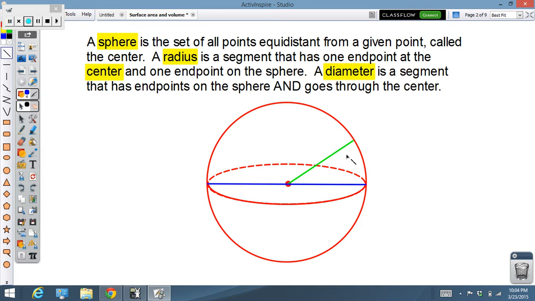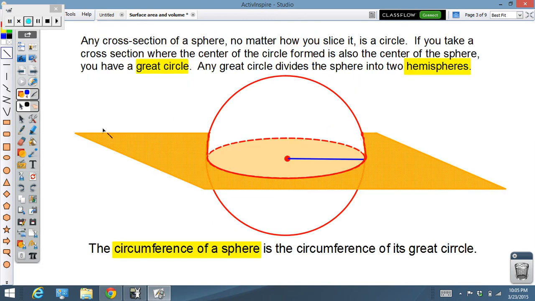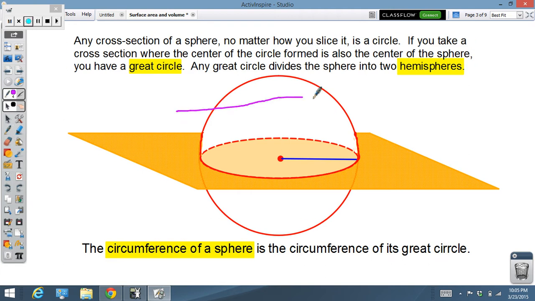Of course, there are an infinite number of radiuses and an infinite number of diameters. There are also infinite ways to cut this sphere into cross sections. But anytime we pass a plane through it, anywhere we pass the plane, the cross section gives me a circle.